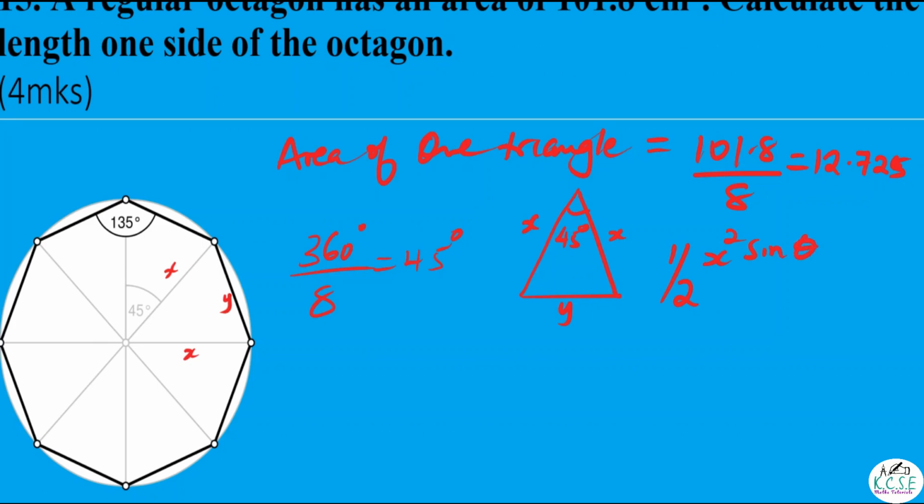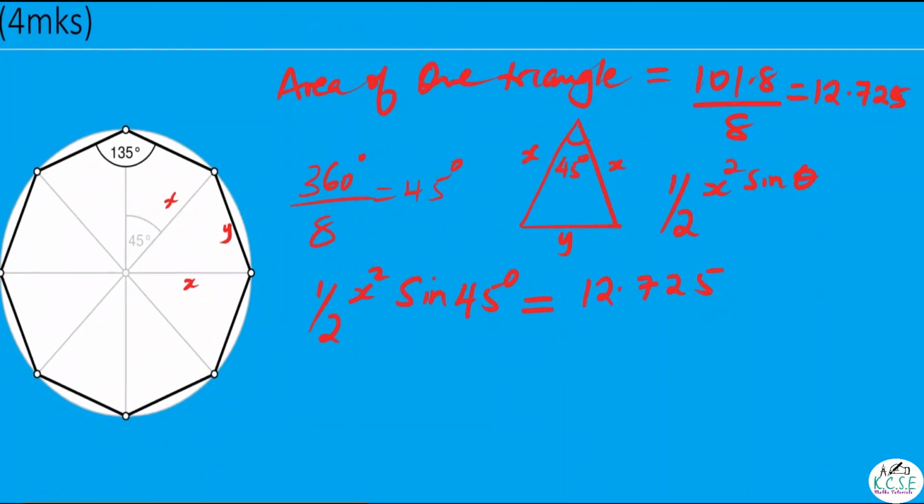So we can proceed and get the area, which is a half multiplied by x squared multiplied by sine of theta, which is this angle, 45 degrees. This gives the area of that triangle, which is 12.725. By this we can obtain the value of x.